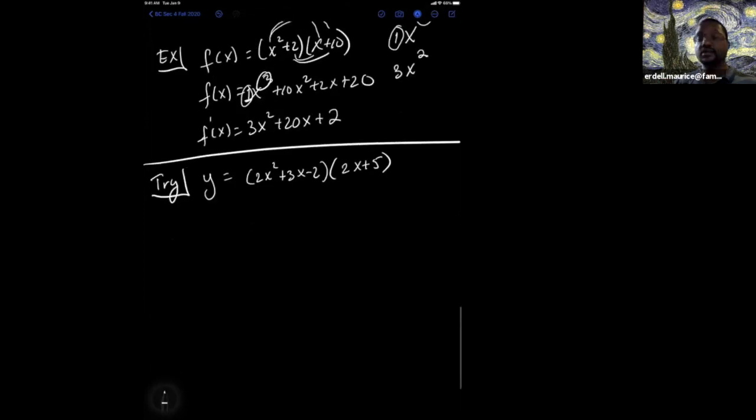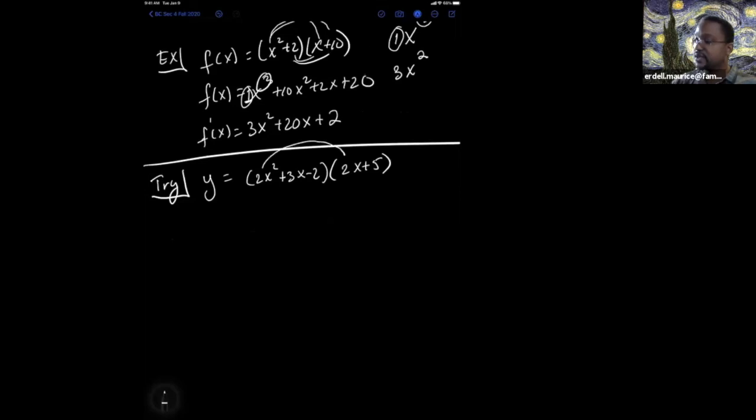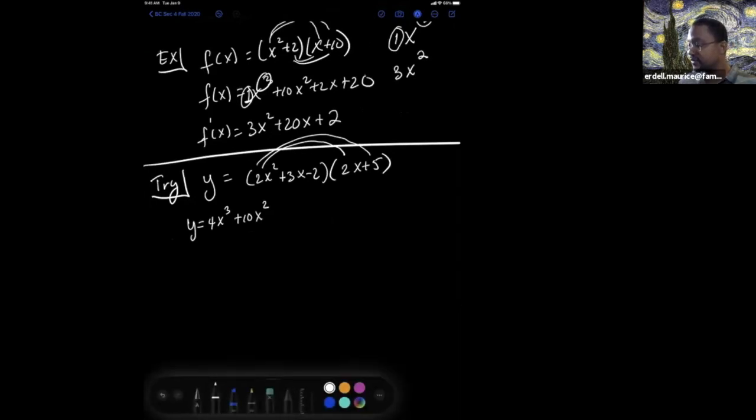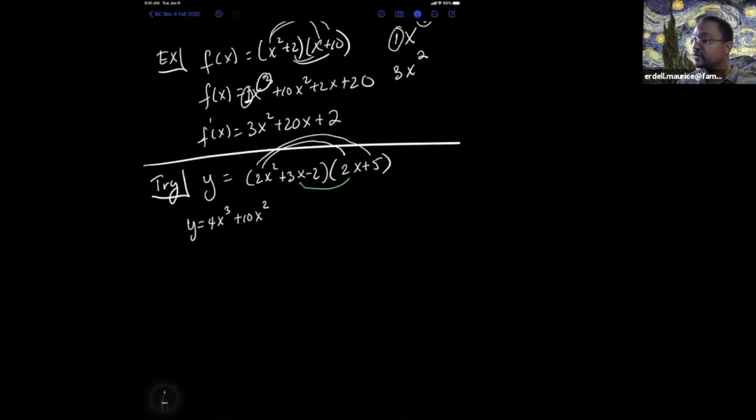And see what the answers are. So this times this right here is 4x cubed. This times this right here is 10x squared. And then I move to the second term. This times this right here is plus 6x squared. And then this times this right here is plus 15x.